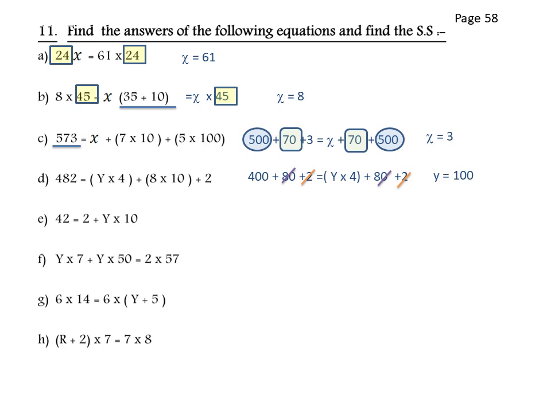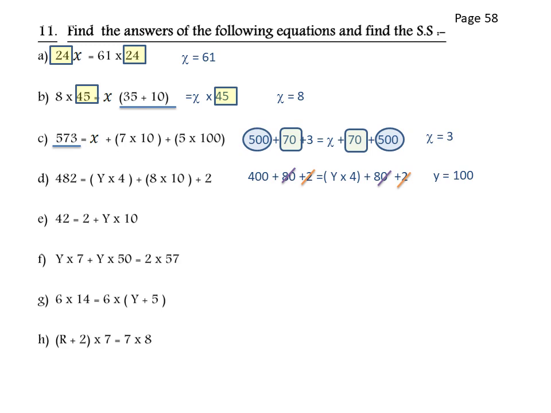Number E: 42 equals 2 plus y times 10. You can solve it by yourself. Number F: y times 7 plus y times 50 equals 2 times 57. What do you see here? I have two different operations with a common y, and on the other side 2 times 57.